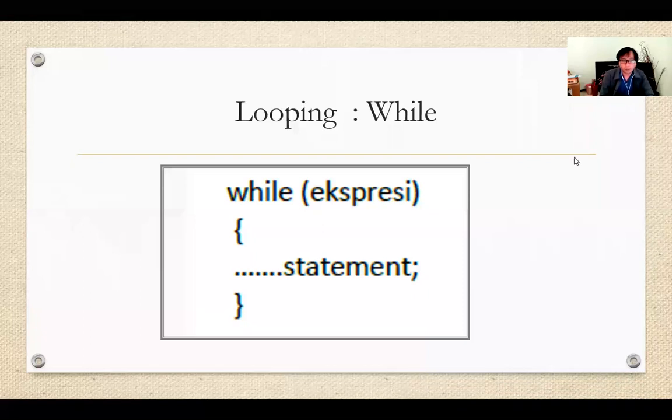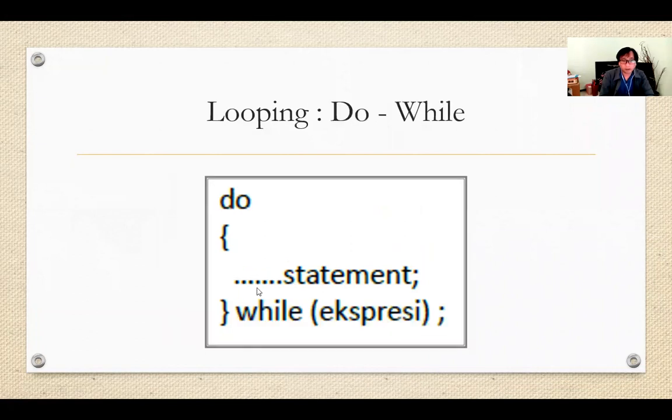As you can see, why it happens is because the condition is tested at the end of the block. The execution flow will do the statement first and then test the condition.